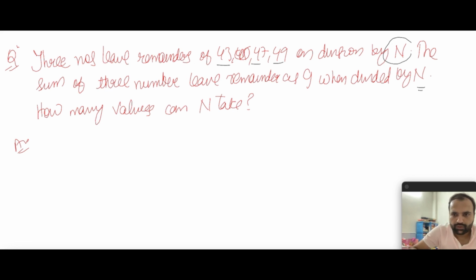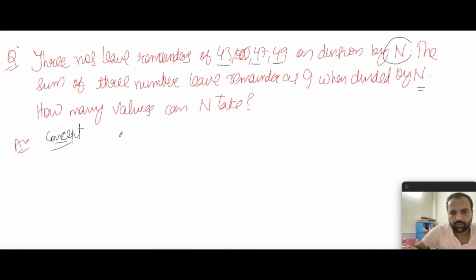Okay. Now, before we go for solving this question, we need to understand the concept. Because at first look, this question looks quite impossible, but it's not. We have to use basic properties of remainders, and then that would be fine.